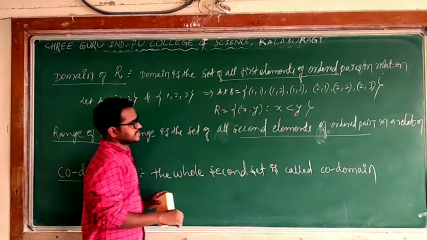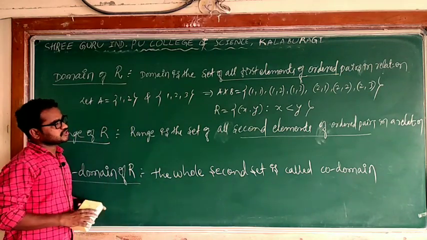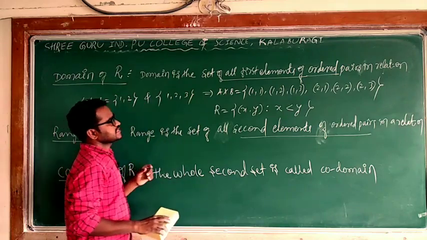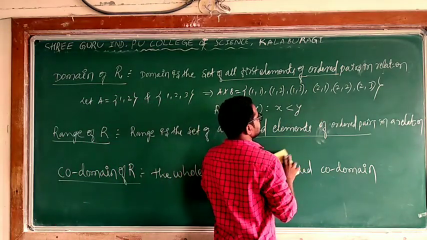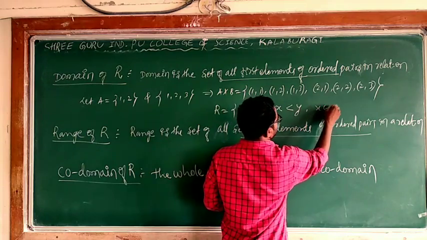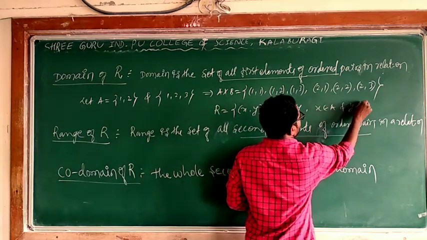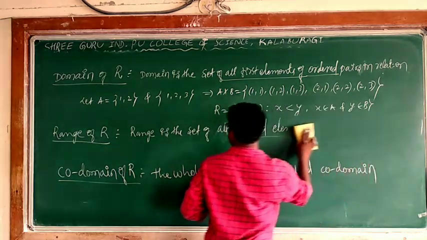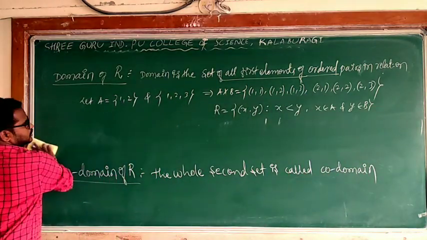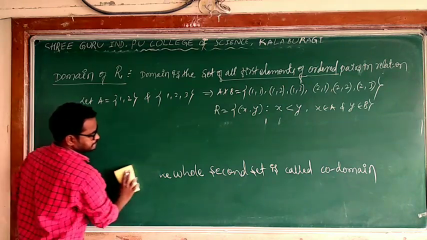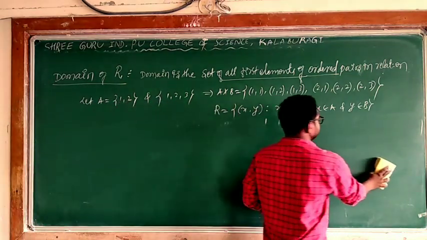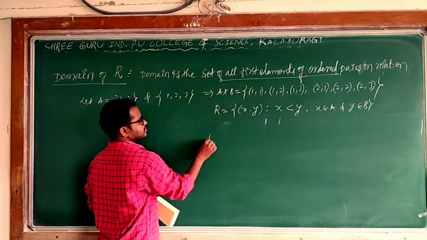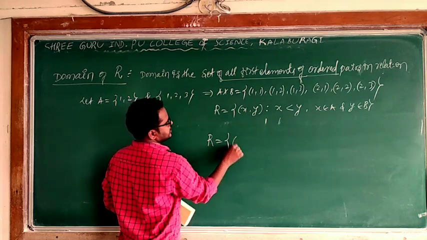According to this relation, x belongs to A and y belongs to B. Now I will eliminate pairs. What are the possible numbers? I can find the relation.